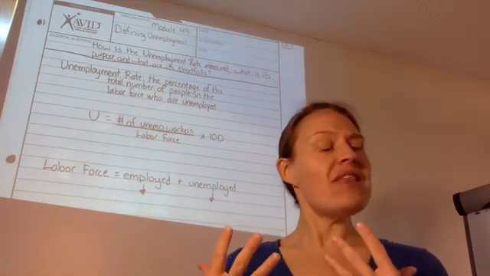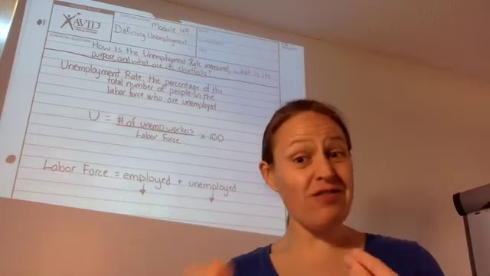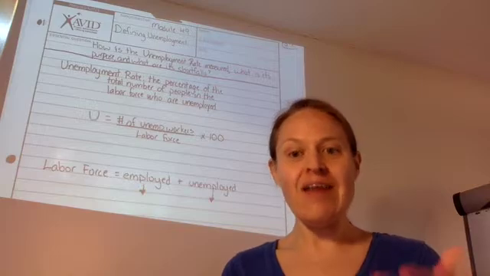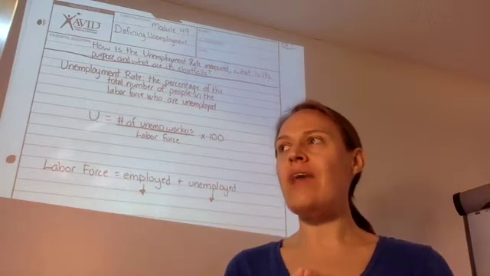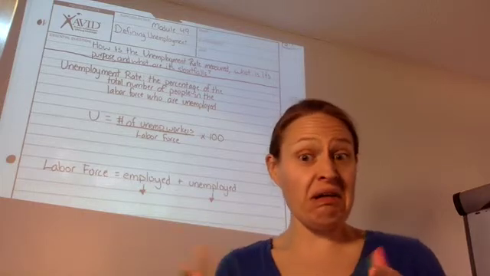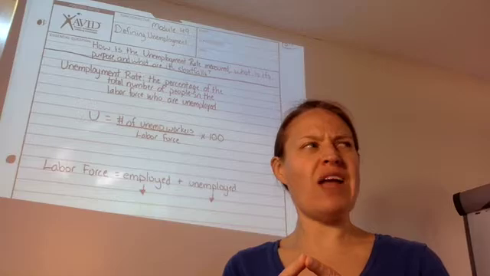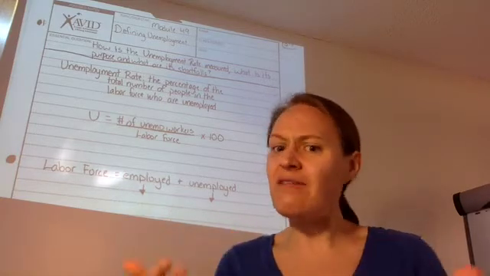So that sounds like a simple thing, but most people don't really understand what it means to say that the unemployment rate is 7.9%. They don't understand what that means in terms of is that a good thing or a bad thing? They don't understand who actually has jobs and who actually doesn't have jobs.